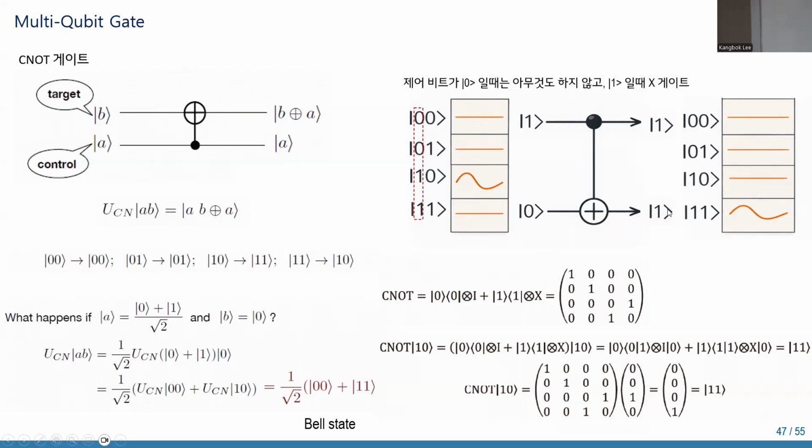So this is the CNOT gate. Why did I introduce this? The CNOT gate plus the Hadamard gate, which makes a superposition state, produces an entangled state here. The Bell state and the entangled state are similar concepts, but the Bell state is a special entangled state, a maximally entangled state. So the Hadamard gate plus this CNOT gate produces an entangled state.